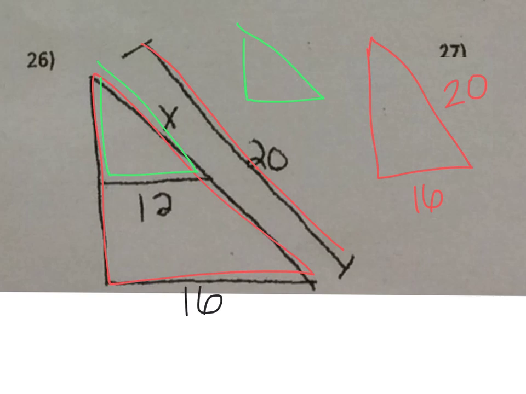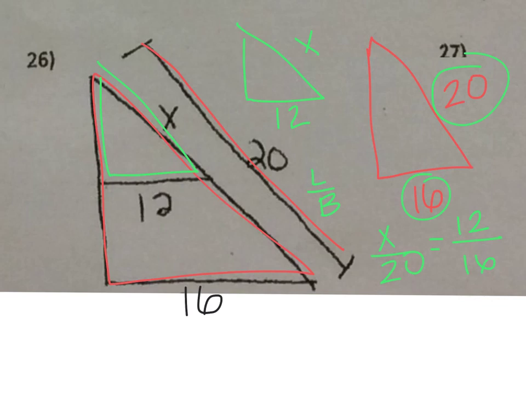So now looking at the little triangle, this is 12, and this is x. So we'll just set the matching parts together. So we're going to do little over big. So I'm going to take x, and its match is 20 over here, is equal to 12 on the little triangle. Its match is 16 over here.